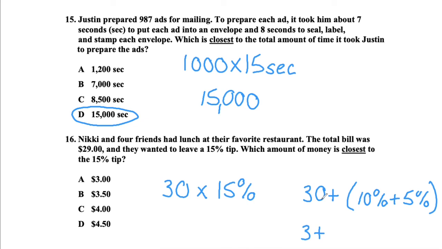Since 5 is half of 10, 5% is going to be half of 10%. So since 10% was 3, 5% will be half of that, which is 1.5. And 3 plus 1.5 is going to be 4.5, or $4.50, which is answer choice D.